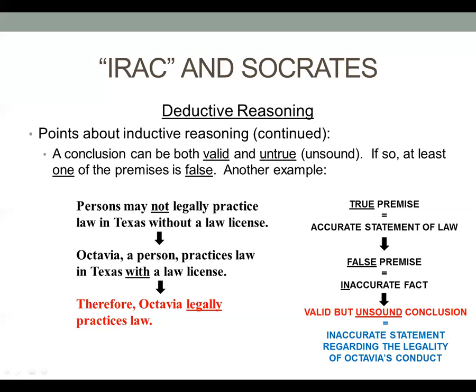So again, when you're an attorney or paralegal, you want to make sure that the facts that you are applying the law to are accurate. Because if you get the facts wrong, even if the law is correct, you're going to wind up with an unsound conclusion. And that could hurt the client.